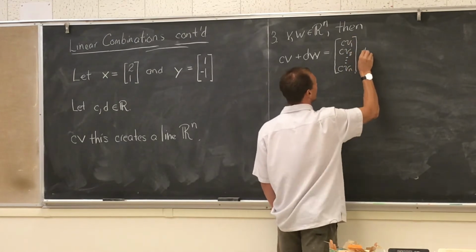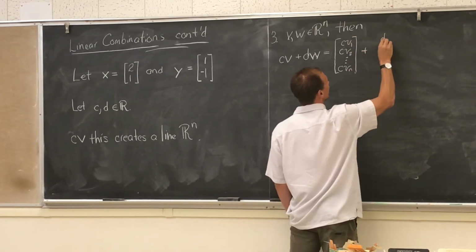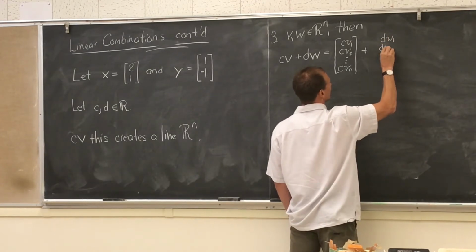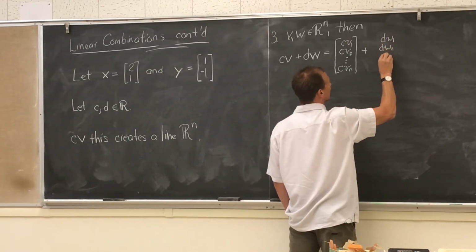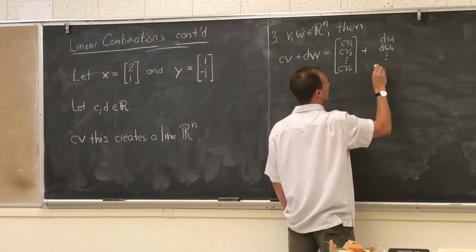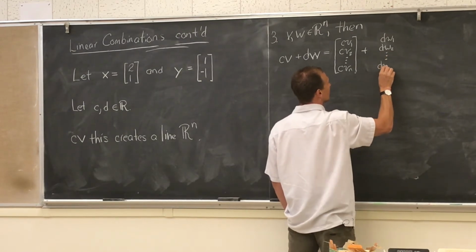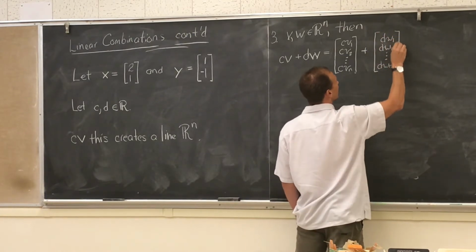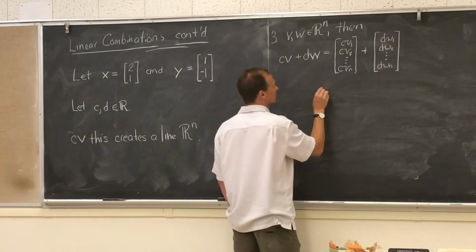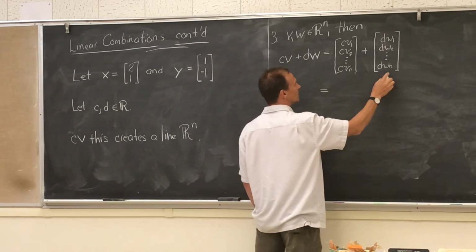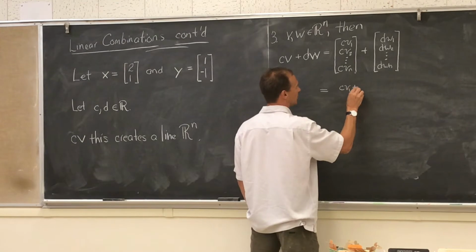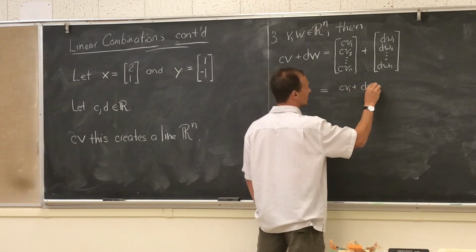plus we take d times w1 and d times w2 all the way out to the last component of our vector, d wn, and the result is now we just have vector addition. So we can say that this is just c v1 plus d w1.